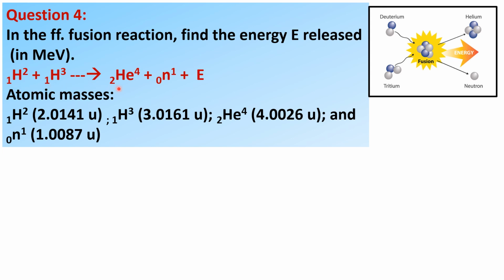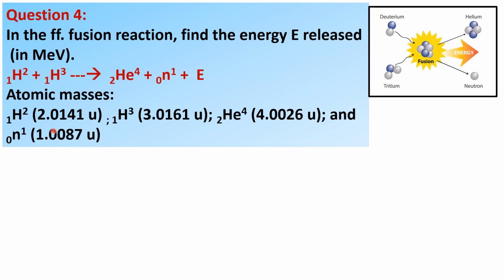So the nuclear fusion reaction equation goes like this: a hydrogen isotope known as deuterium fuses with another hydrogen isotope known as tritium, and produces these products: helium nucleus plus 1 neutron, of course accompanied by the release of energy E.